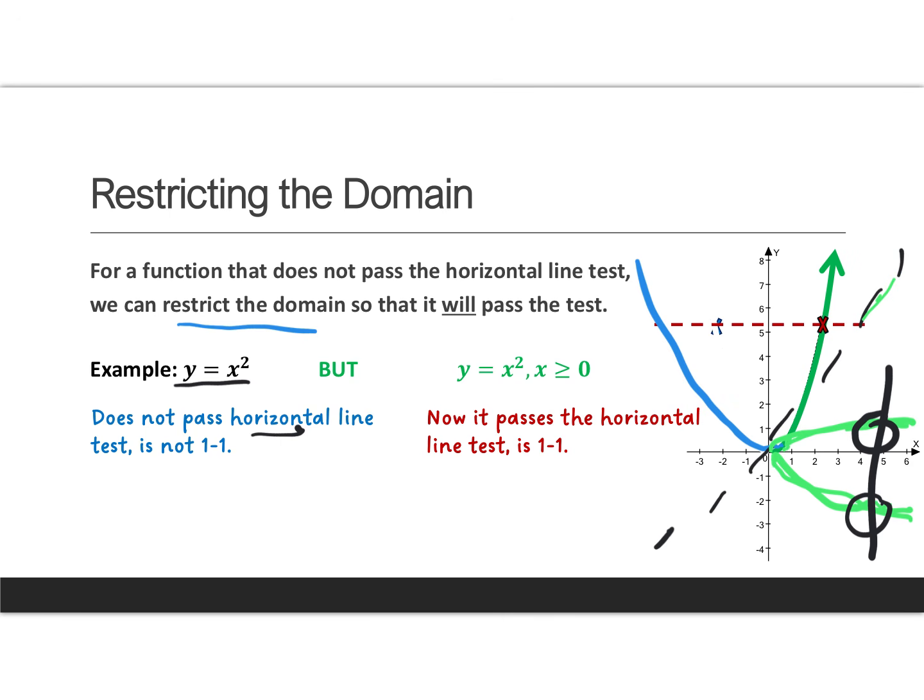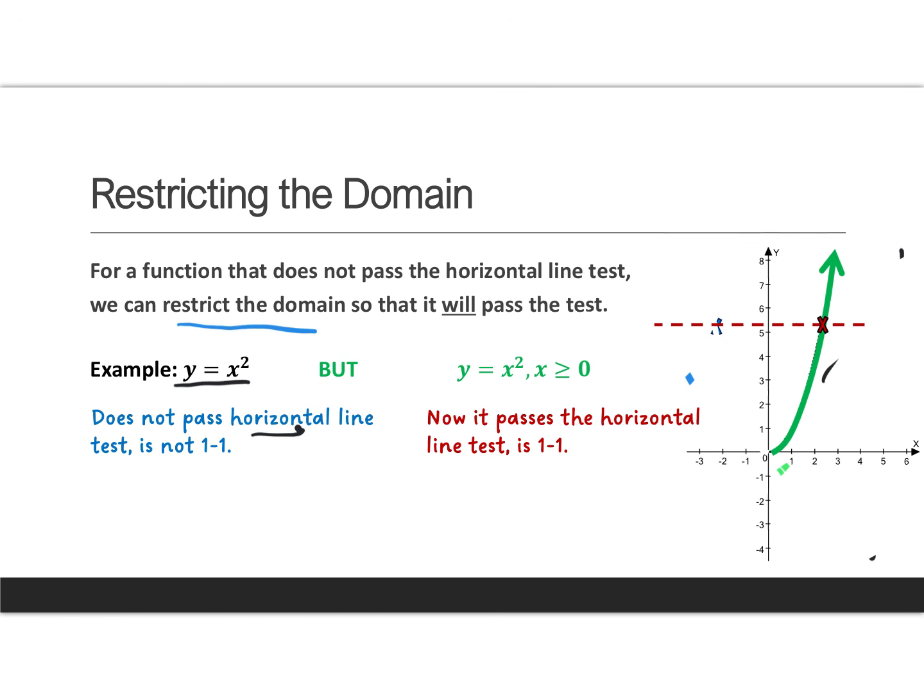But if we fix this up by restricting the domain, forget all that, take off half of that parabola and say, I'm only going to do the green part. Because when that reflects over, that black is considered the inverse now.